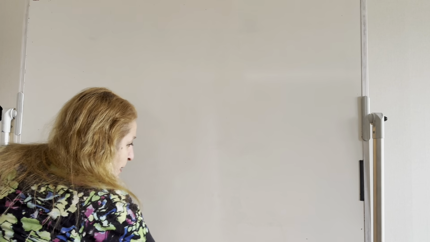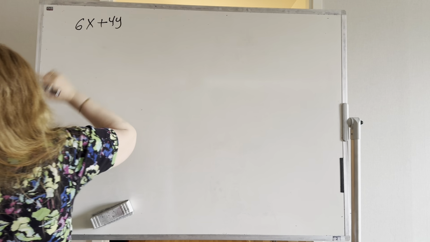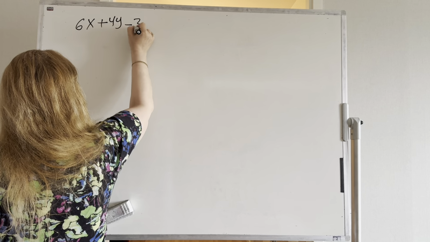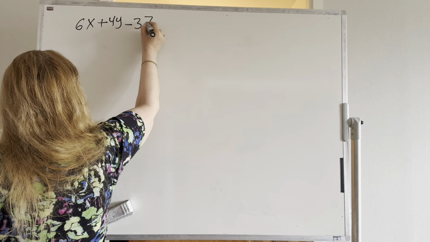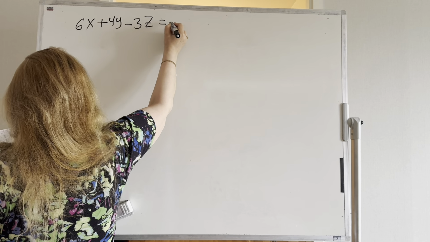The first thing I did was eliminate the denominators by multiplication, and I got the first equation, 6x plus 4y minus 3z equals 24.